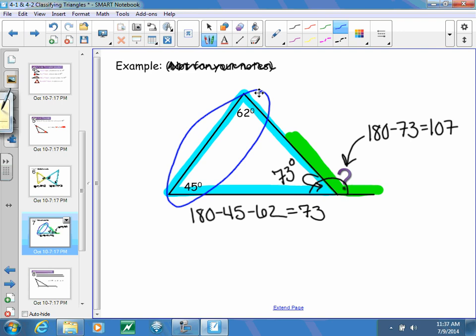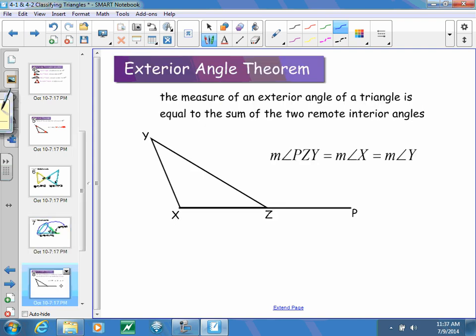If we add those together, we get 107. That's another way to come up with this angle. This is called the exterior angle theorem. Oh goodness sake, sorry, this should be a plus sign right here. The exterior angle theorem says the measure of an exterior angle of a triangle is equal to the sum of the two remote interior angles.